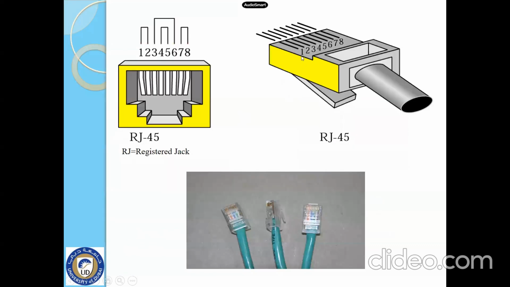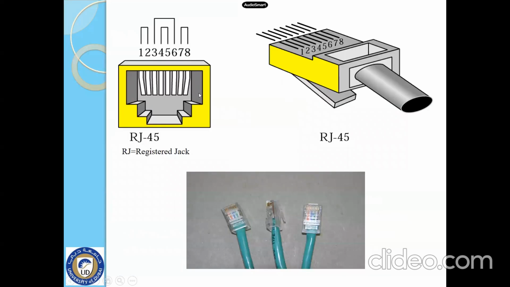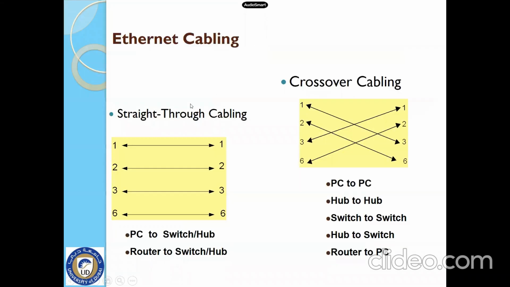And how to do that? 1 to 1, 2 to 2, direct. And the pair 3 and 6 will go directly to 3 and 6 here. Remember, this is what we call the female connection, and here's the male connection. So it's going to be direct, and that's the straight through cabling.